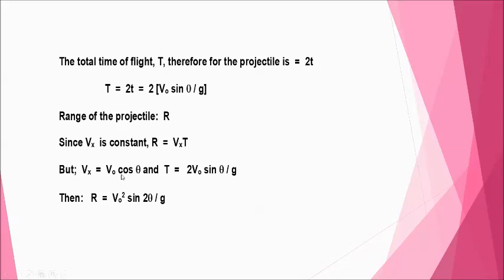So instead of using cosine theta, sine theta, we use 1/2 sine 2 theta. And why is the 1/2 gone? Because there is a 2 there. 2 multiplied by 1/2 is 1. So we're left with this equation. That is our formula to solve for the range of the projectile. All right, so I hope that is clear.